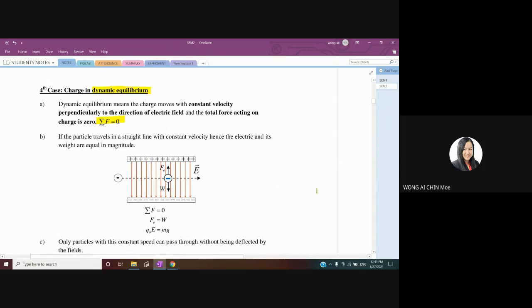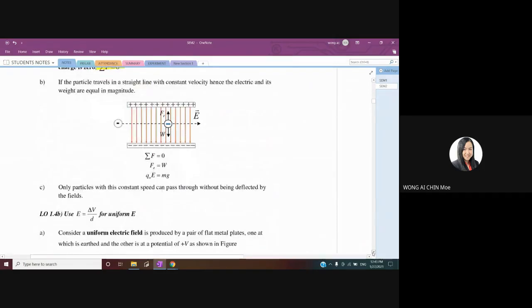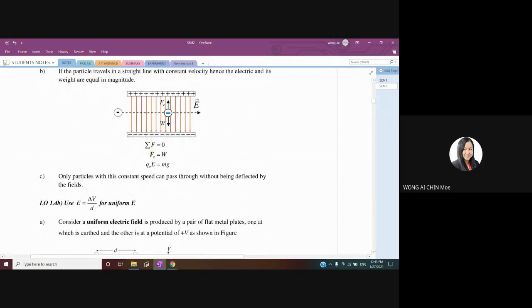Okay, so if the questions give you the mass of the particle, meaning that the question asks you to consider the weight. If this is a negative charge, the negative charge will pull upward to the positive plate.